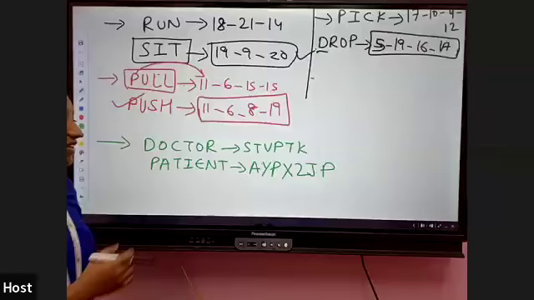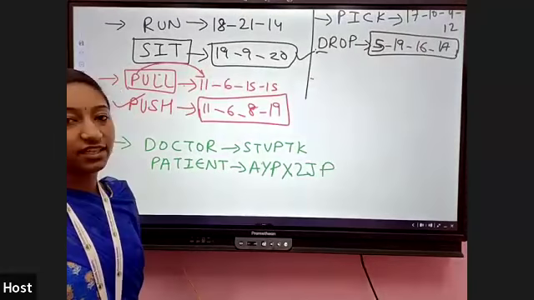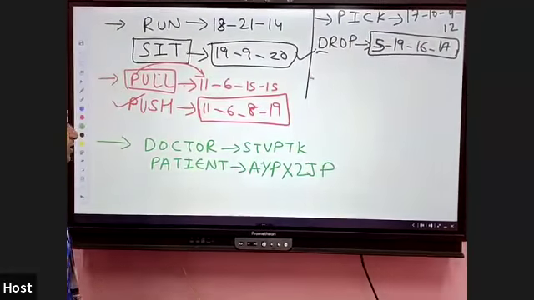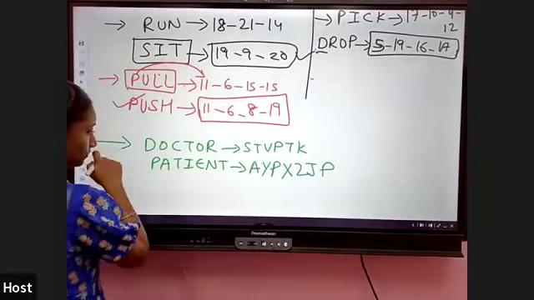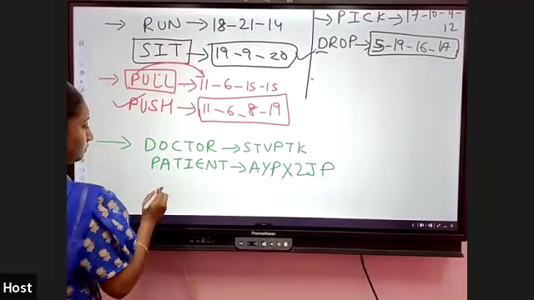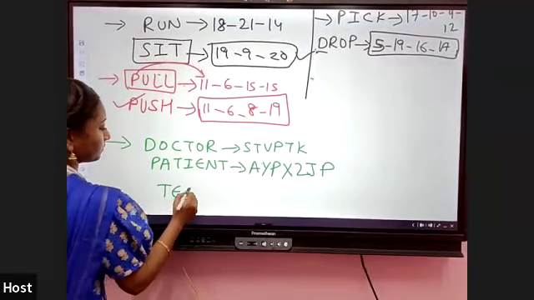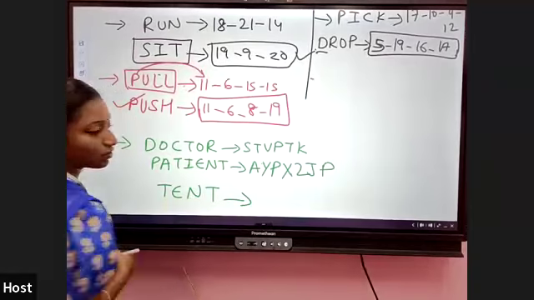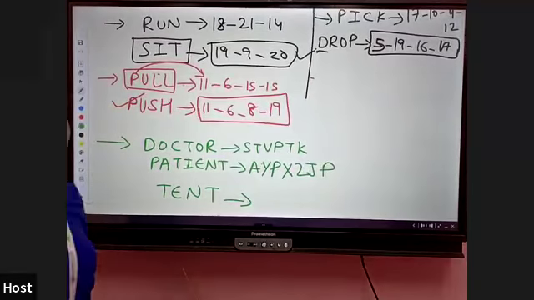And for PATIENT, they gave AYPXZJP. We should find the code for TENT. So this is direct coding.